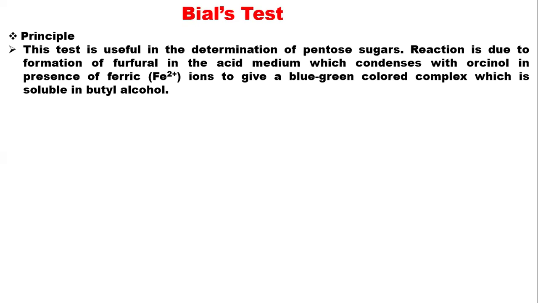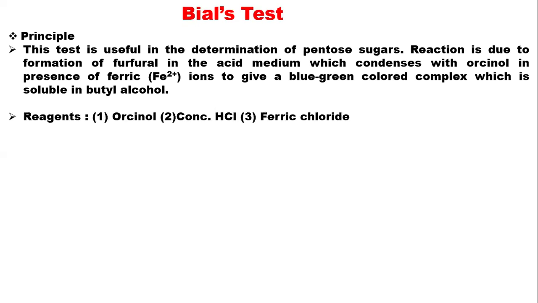So the dehydrating agent in Bial's reaction is hydrochloric acid. You should note that this test is not absolutely specific, as prolonged heating of hexose derivatives will also give furfural, and this furfural can react with your orcinol reagent to give a positive test. So you should take note of that.